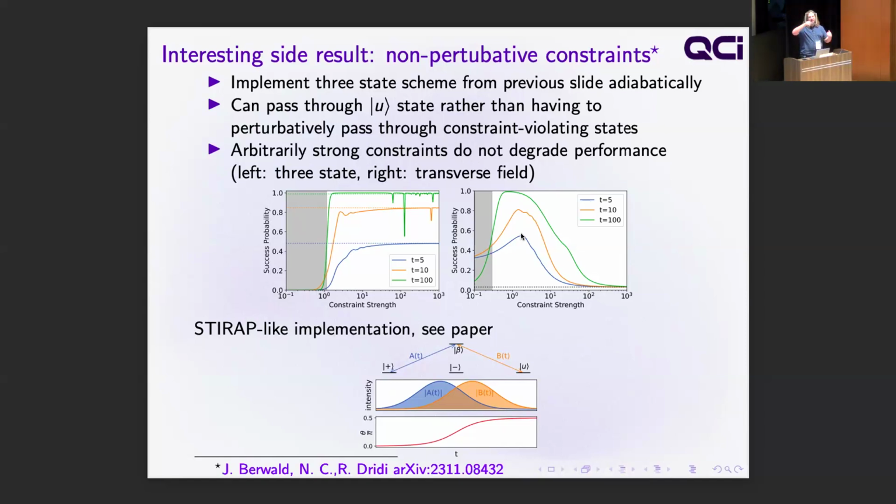At least if you have constraints where your manifold of states you want to go to are disconnected, like K-hot constraints, versus, these are actually satisfiability constraints, but similar idea. In this 3-state system, because you can pass through this undefined state, you can make your constraint strength arbitrarily strong, and your success probability instead asymptotes to a value. So you can have a non-perturbative way of implementing constraints.